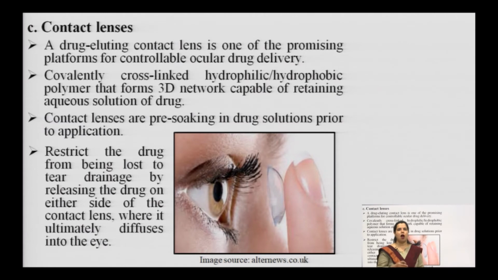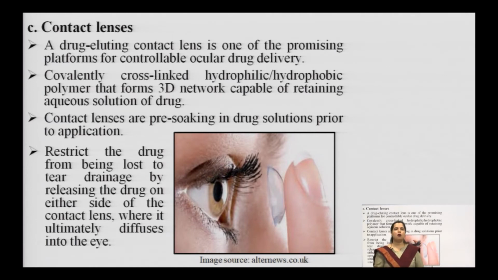Covalently cross-linked hydrophilic or hydrophobic polymers form a 3D network capable of retaining an aqueous solution of drug, right. So, contact lenses are made up of covalently cross-linked hydrophilic or hydrophobic polymer which forms a 3D network and has the capability of retaining drug within the network.